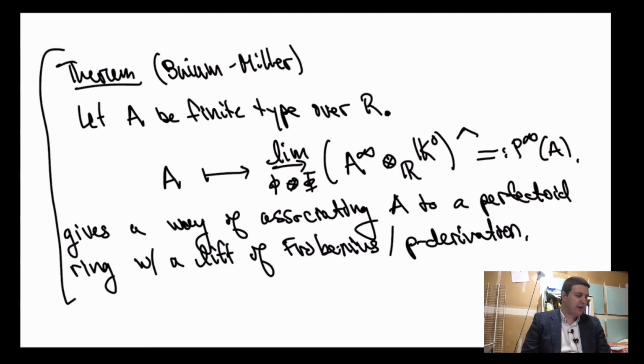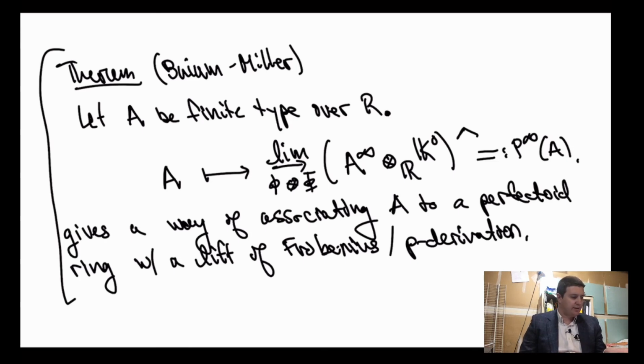Then what you can do is make this functor, p infinity of A, which gives you a perfectoid K0 algebra with a lift of the Frobenius, right? So lift of the Frobenius and p derivation are the same thing.